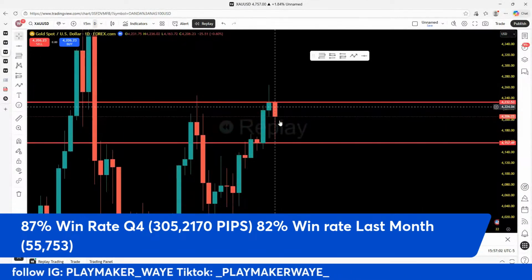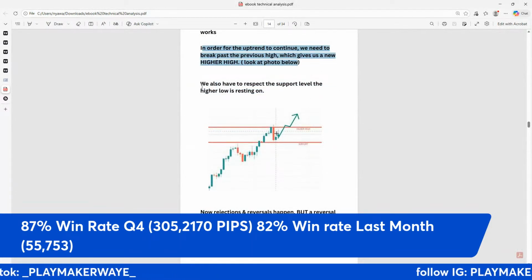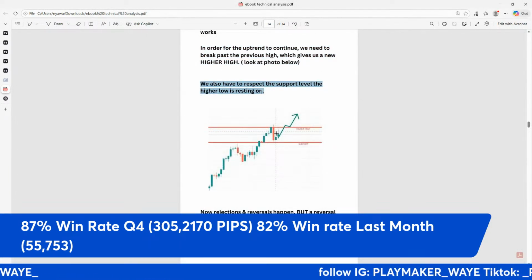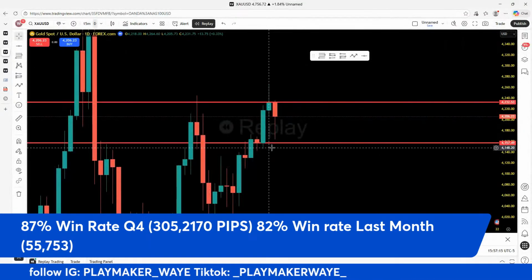So when we look at price right here, we failed to break past the previous high, but let me know in the chat, are we still respecting the support level the higher low is resting on? Yes or no?